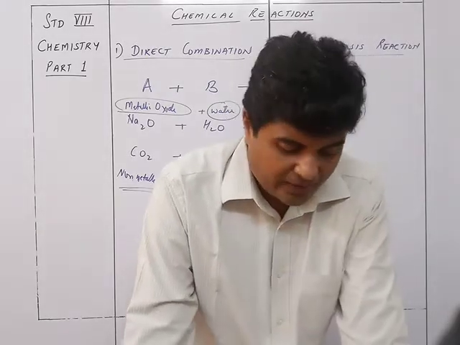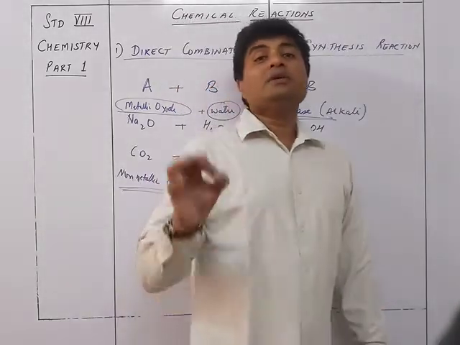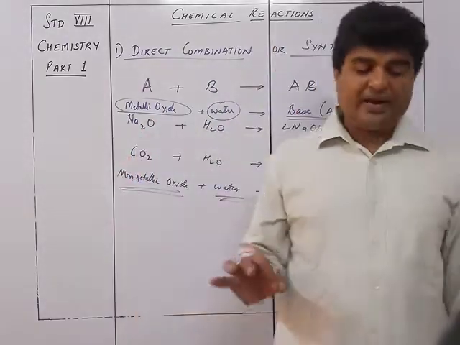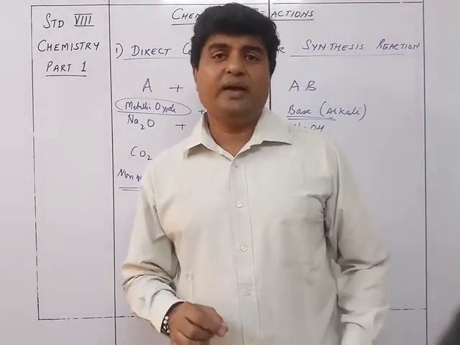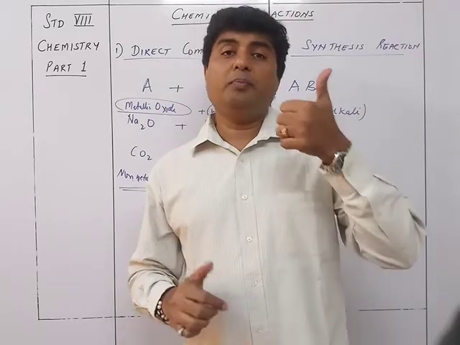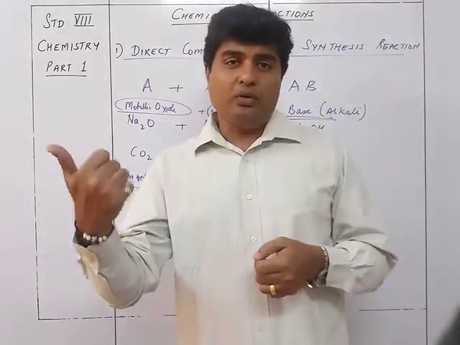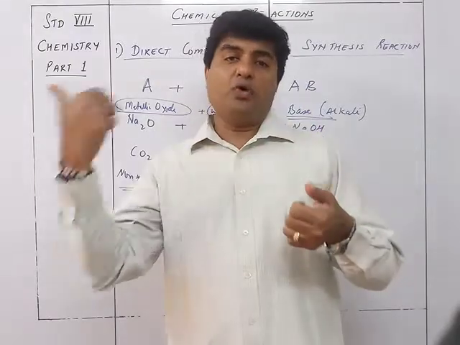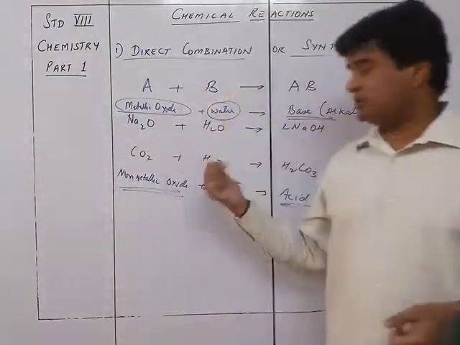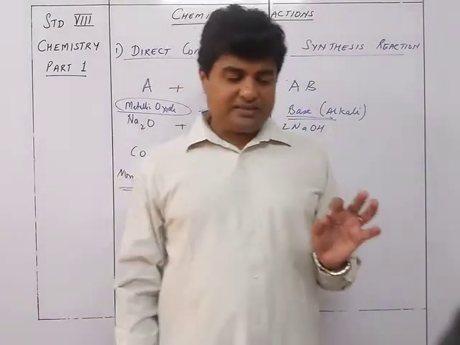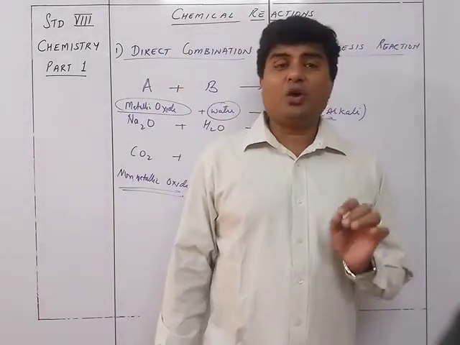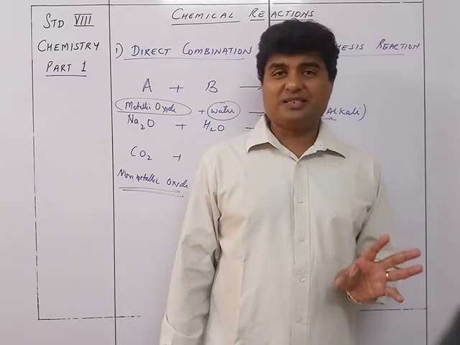In this way you have the direct combination reaction or synthesis reaction, which could be between two elements to form a compound, one element and one compound to give you a compound, or two compounds reacting to give you another compound altogether.